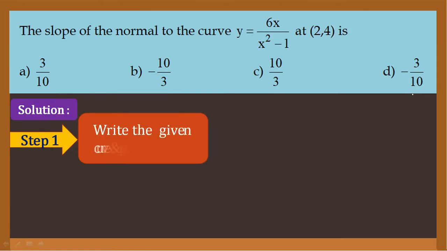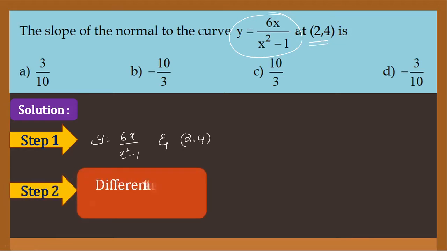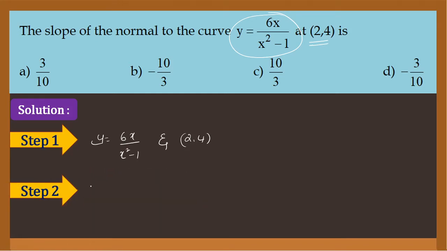First, we write the given curve and the point. The curve is y equals 6x by x square minus 1 and the point is (2, 4). Now, differentiating with respect to x on both sides of this equation, we get dy by dx equals, it is in the u by v form.